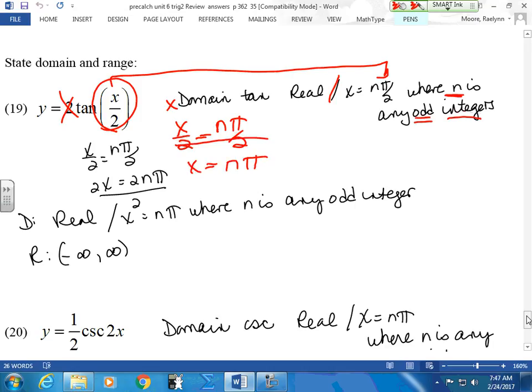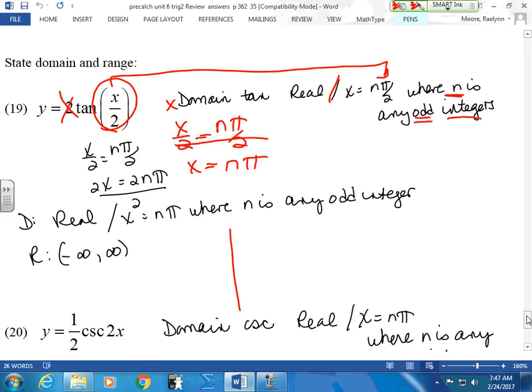Think of this logically. Didn't the tangent every n pi over 2, odd ones, have an asymptote? Now, if I have to make double the space, doesn't it mean I double where my asymptote goes? So instead of every pi over 2, every 90, aren't I going every 180 to make that asymptote? I know it has a fraction, but the fraction works the opposite way here because you're doing half of that space.